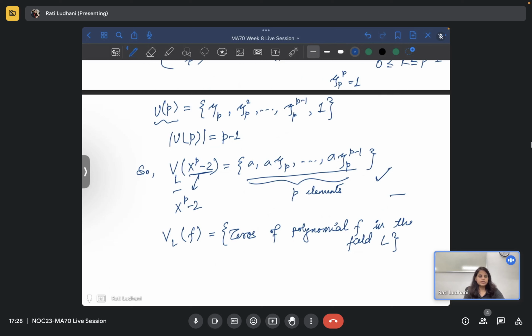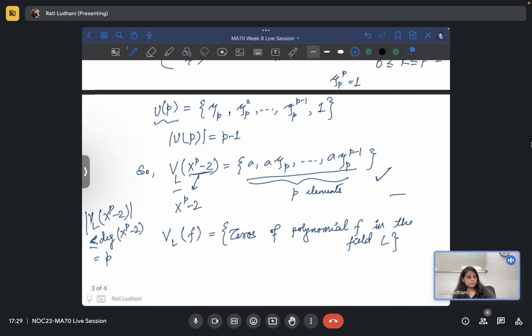So we already have p elements, and we know that this count will definitely be less than or equal to the degree of x raised to power p minus 2, which is p. So it is exactly equal to p, because there could be repetitions.